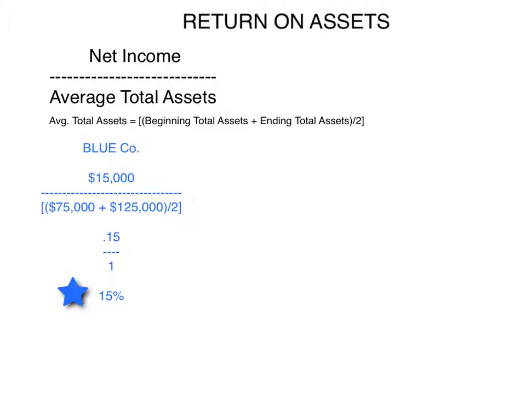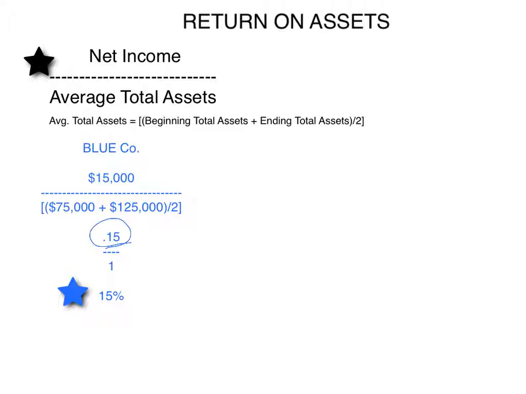Also, another way that we could use the 0.15 is to remind ourselves of what the formula is for the return on assets ratio. The formula up above shows net income divided by average total assets.